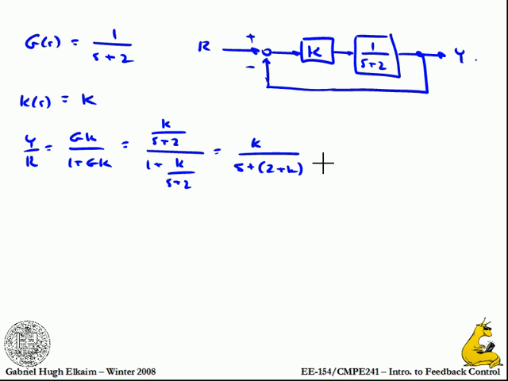A little basic algebra. We all know how to do this. Out of curiosity, what's my error over my reference going to be? Anybody? 1 over 1 plus GK, which in this case is 1 over 1 plus K over S plus 2.